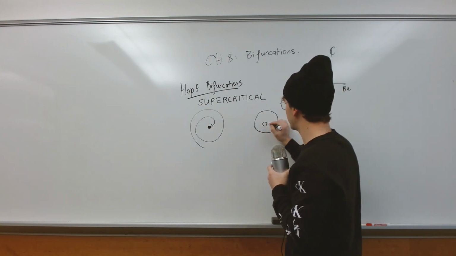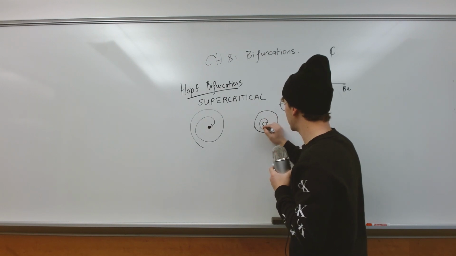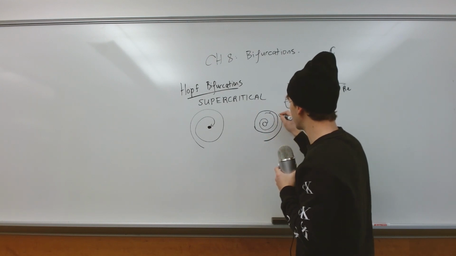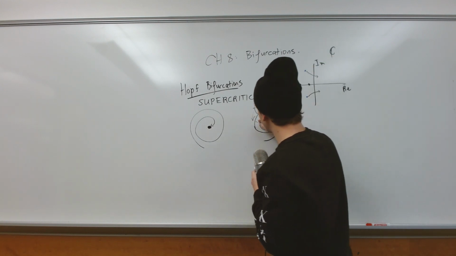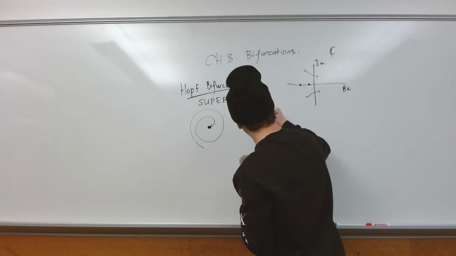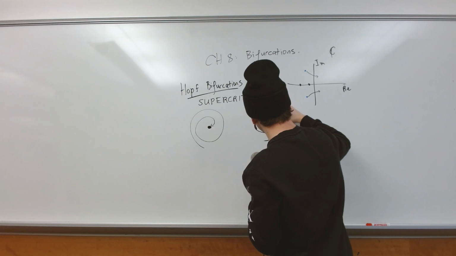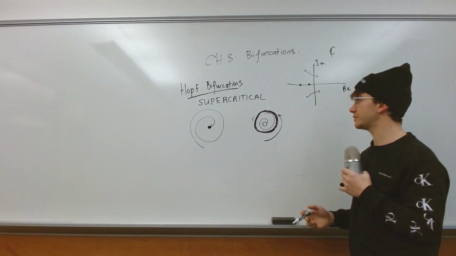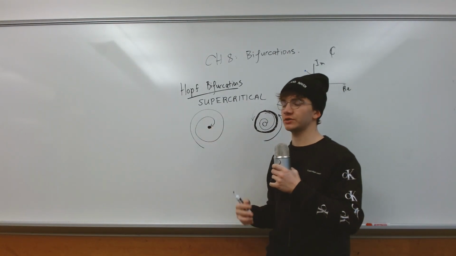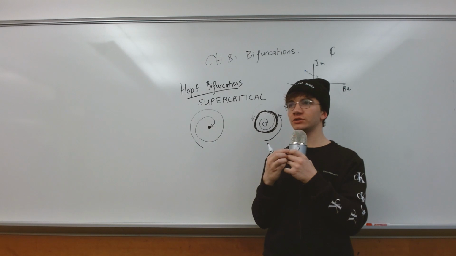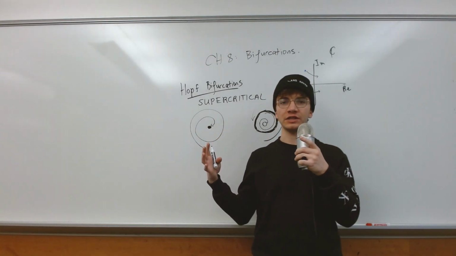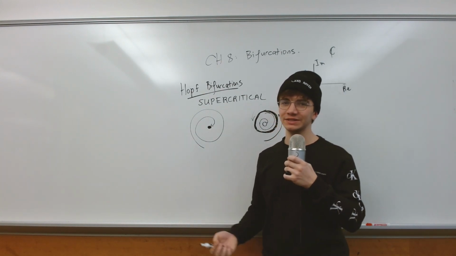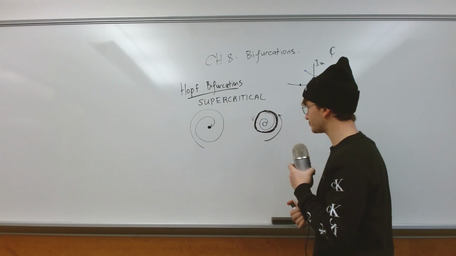So the fixed point becomes unstable, but this stable limit cycle grows out of it. Let me draw the limit cycle darker so you can see it better. The way I think about it, the stable fixed point almost grows into a stable limit cycle, and what's left behind is a vacuum of this unstable fixed point. Obviously that's not mathematical, but this is how I think about it.